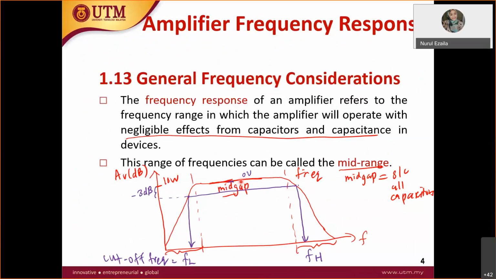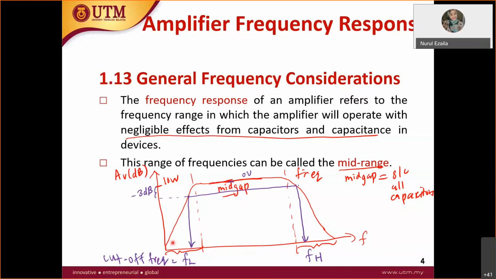Okay, so maybe in the question you'll be asked to analyze the AC circuit, and then the low frequency. Actually the shape for the low frequency looks like this, okay. So from the center and it will decrease.